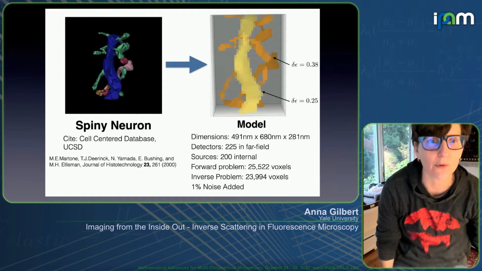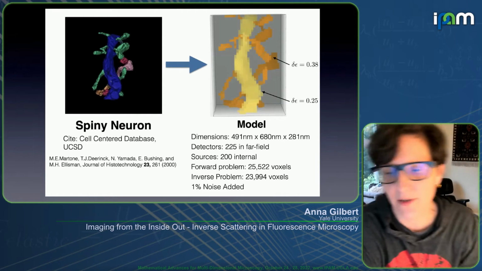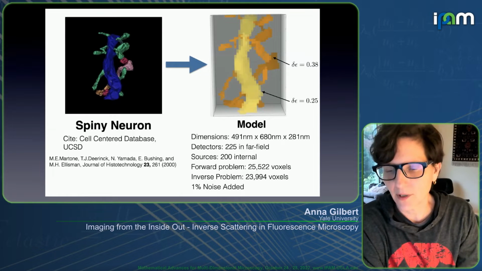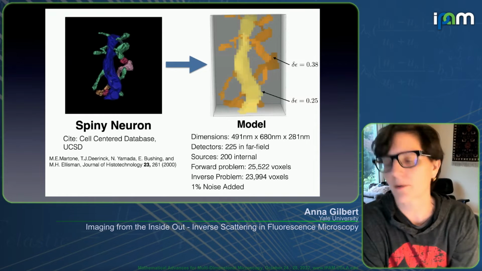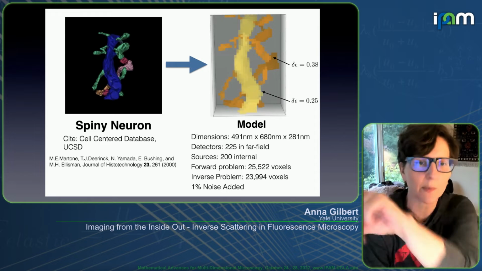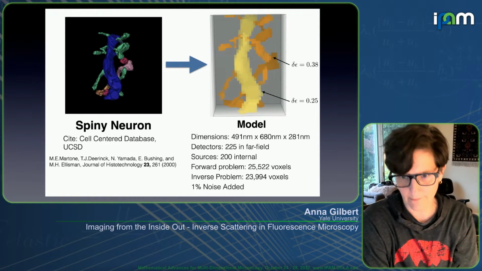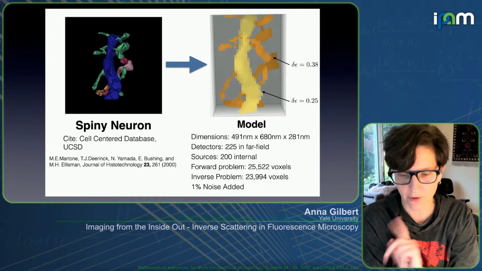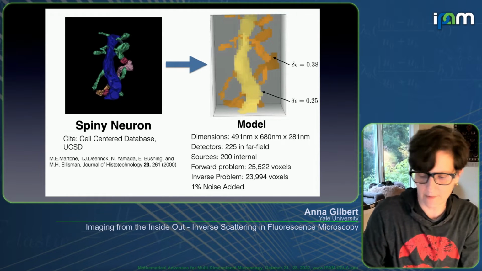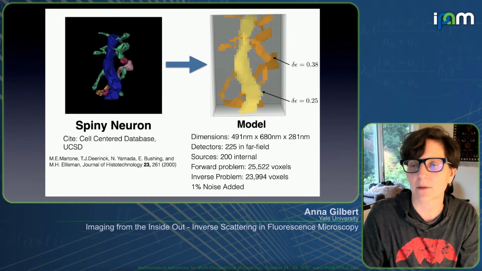I'm going to walk you through the various configurations that we tried. You can see below the number of voxels for the forward problem and the number of voxels for the inverse problem. And for the examples that I'm going to show you, we added a small amount of noise, so 1% Gaussian white noise.